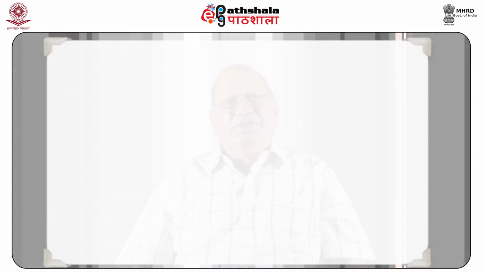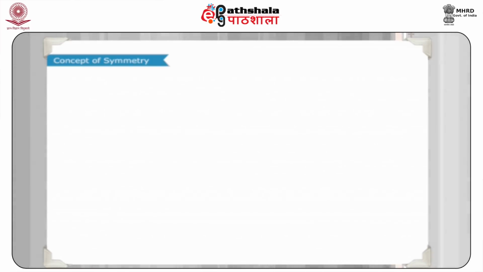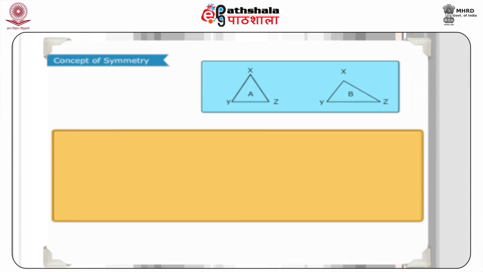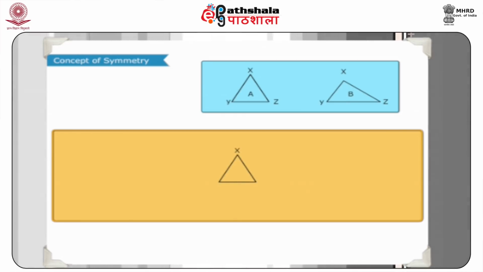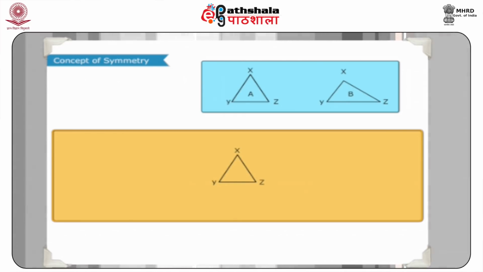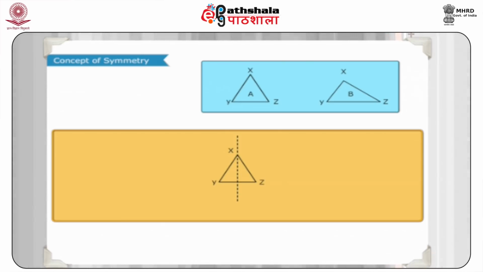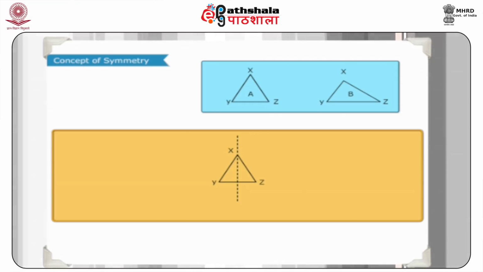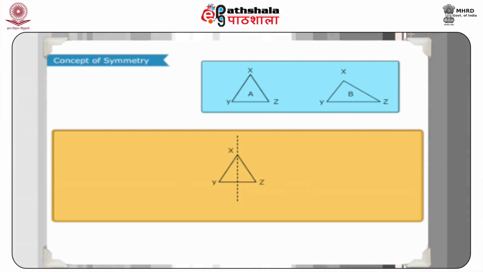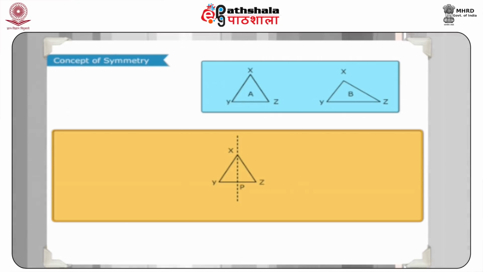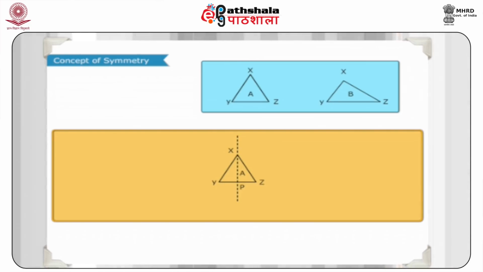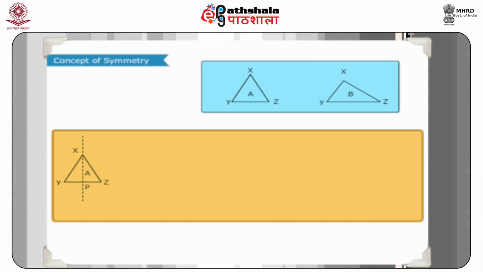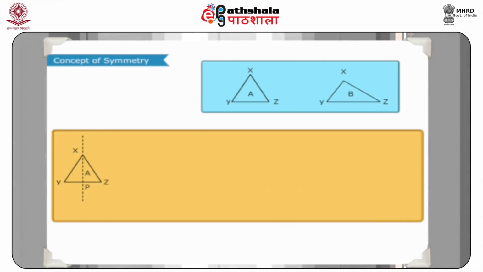For example, to understand the concept of symmetry, we can examine the figures shown. First, we label the corners of the triangles as x, y, and z, and then a dotted line is drawn in the plane of the paper through the vertex x such that it bisects the side yz at P. In triangle A, the triangles XZP and XPY are equivalent to each other.